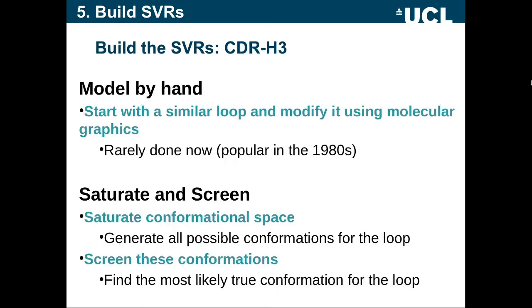Now that brings us on to CDRH3. The problem with CDRH3 is that it doesn't obey these canonical class rules. CDRH3 is much more variable in length and in sequence than any of the other CDRs. It can go from 2 or 3 amino acids up to 40 or 50 amino acids.